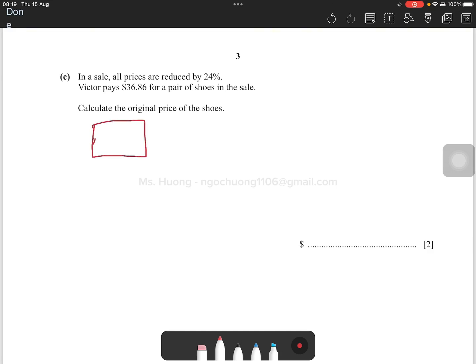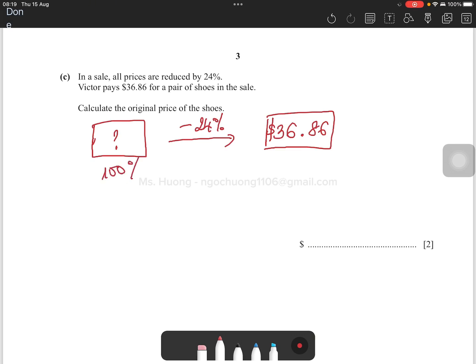So suppose that this is the original price, and in a sale it is reduced by 24%. And now we have the selling price, which is $36.86. So we need to find the original amount. You know that the original price is always 100%, and if it is reduced by 24%, then the selling price is only 76%, because 100 minus 24 equals 76.